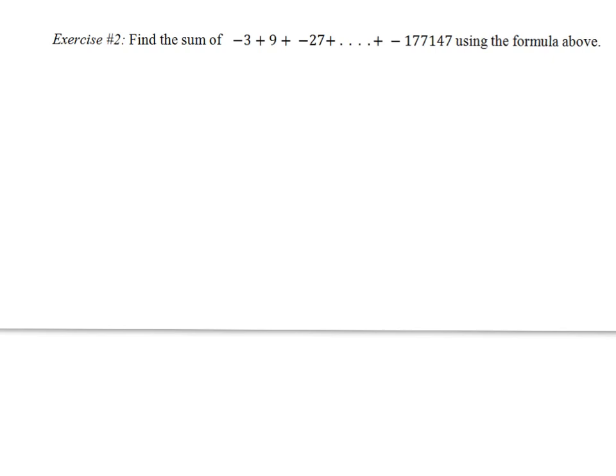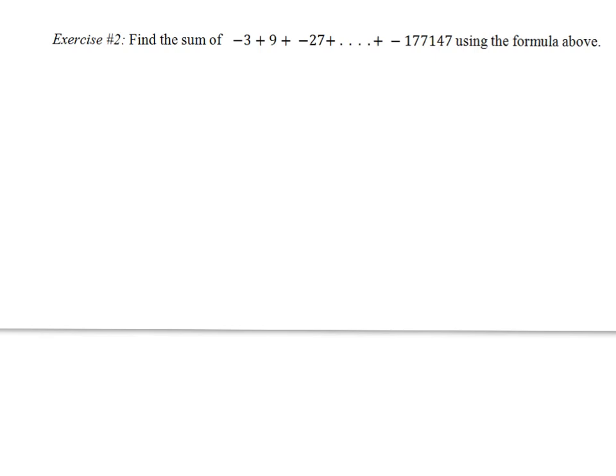Find the sum of -3 plus 9 plus -27 plus all the way to -177,147. So our first job is to look at this and say, okay, I've got the first 3 terms of my sequence.